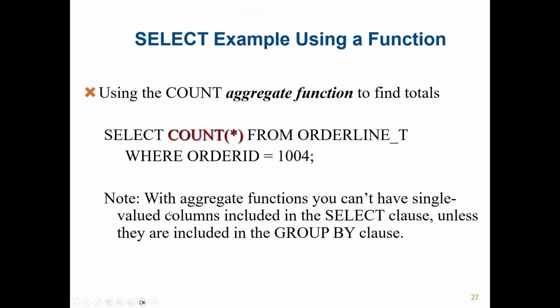We should know that with an aggregate function, you can't have single value columns included in the select clause unless they are included in the group by. You use the group by clause. So here you can see we select the count of all. With count, if we just said select all from, it would basically print everything. But we're going to find the total count. So let's wait for a few seconds if it's okay.